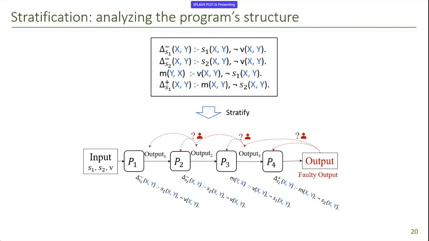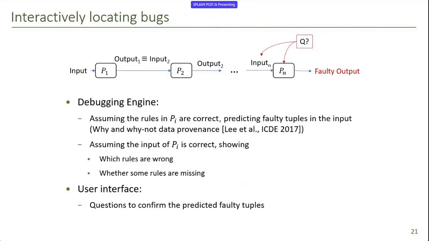In this way, it will inspect one by one and finally find the location of the bug. As I mentioned before, our debugging engine will inspect each partition of the program. At each partition, we have 2 possibilities. The first possibility is that we have a fault in the input of the partition.